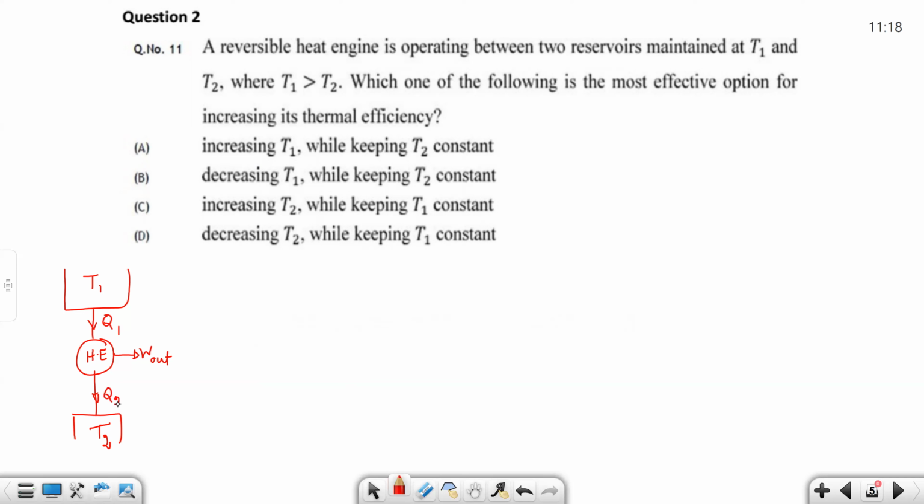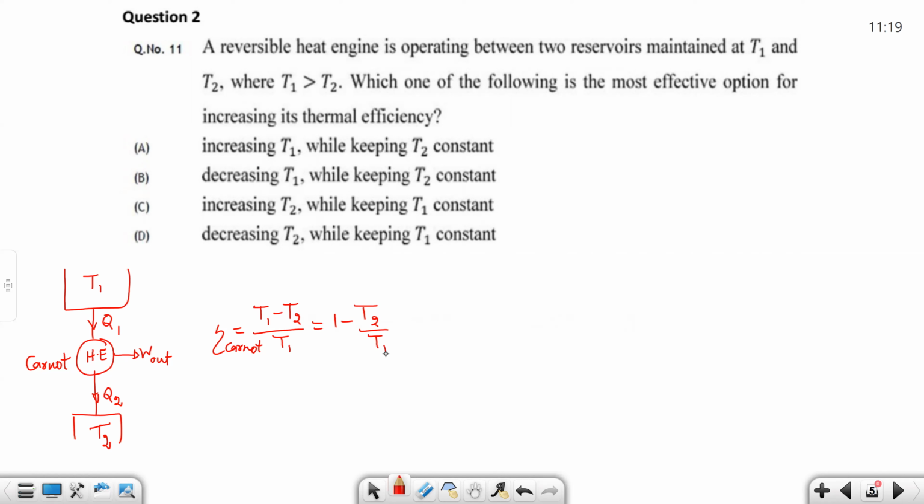We know that the thermal efficiency for a Carnot engine is (T1 minus T2) by T1, which is equal to 1 minus T2 by T1.